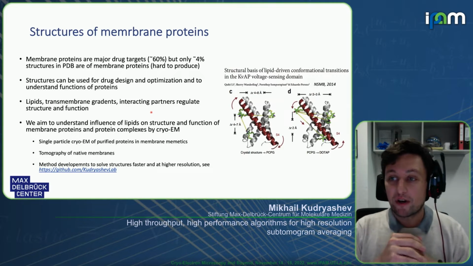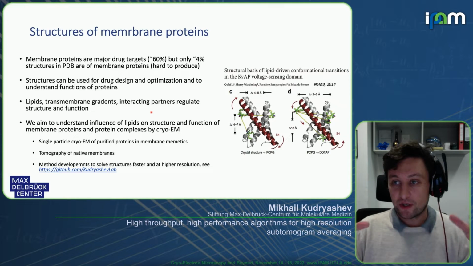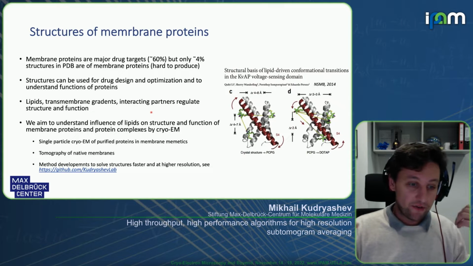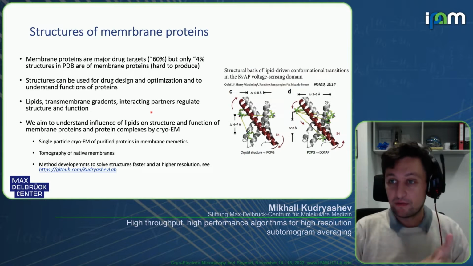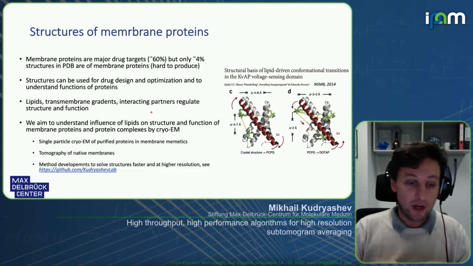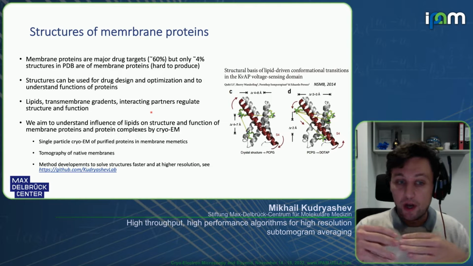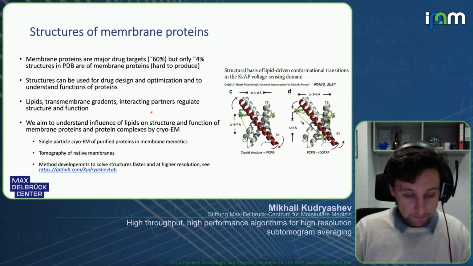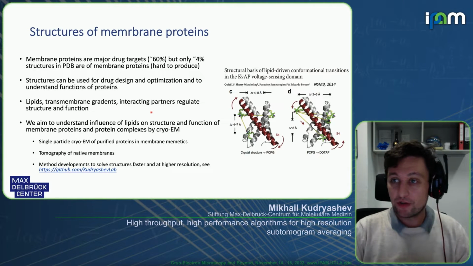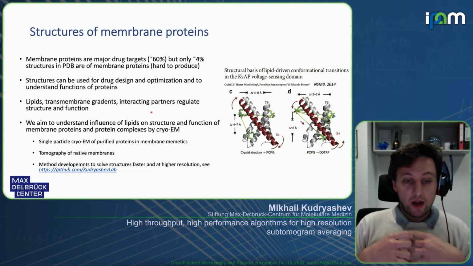This does give us very high resolution structures, but essentially this has limitations that you need to purify your protein first. And then tomography of native membranes, and we do that in order to find our protein of interest. We focus on ion channels, and then if we can find our proteins of interest, we can do subtomogram averaging. So we had several talks on subtomogram averaging today, but I will not go into too much detail.